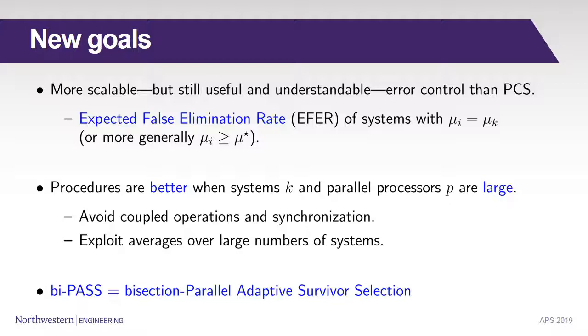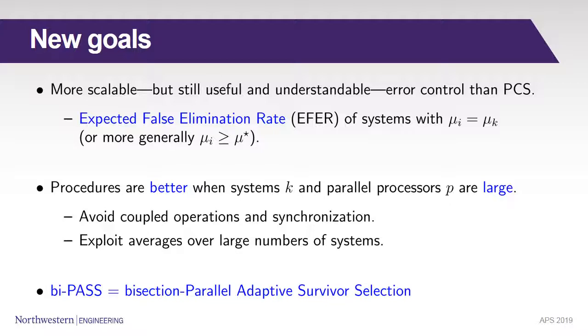So the first thing we want to do is to look for error control that is more scalable than probability of correct selection, yet is still useful and understandable. PCS is a family-wise statement, and as a result tends to become more and more difficult to attain the larger the number of systems is.